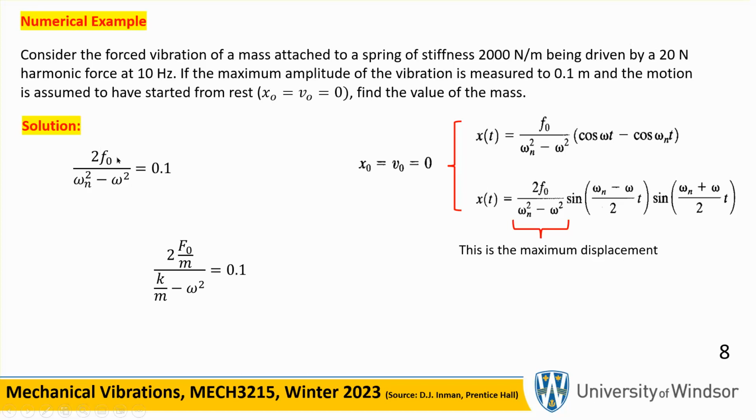However, let me remind you that little f naught was big F naught over m. Now we have some of the numbers here. The K stiffness is 2000. F naught, you're told, is 20 Newton, right up there. We are told that the driving frequency is 20 hertz, okay?